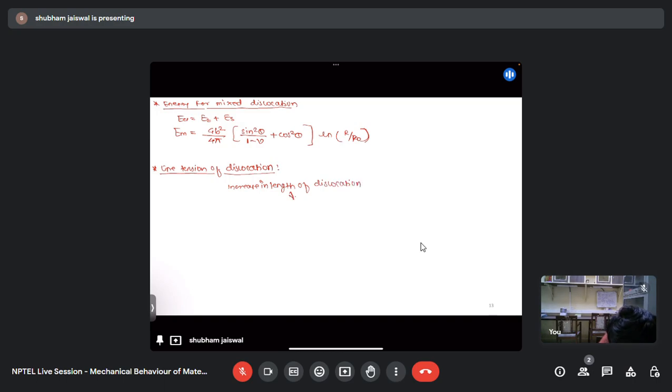Increase in length of dislocation will cause an increase in the energy of the dislocation, and any system will try to minimize this energy.